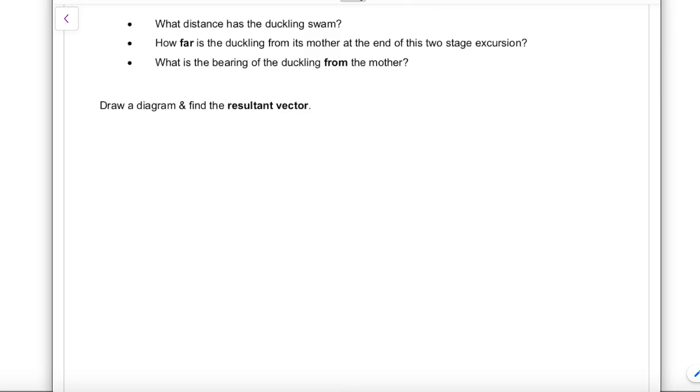Now if we consider the mother duck and the duckling swimming on a bearing of 50 degrees for 5 metres, and then it turns and swims on a bearing of 170 degrees for 7 metres.